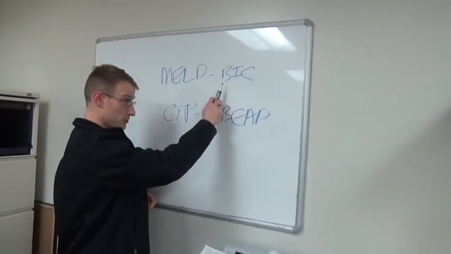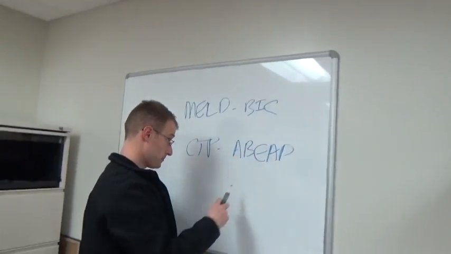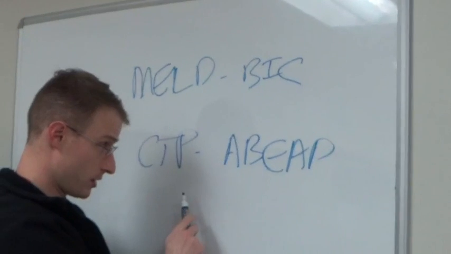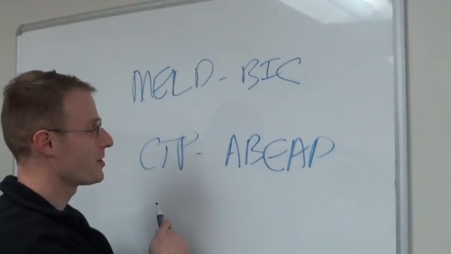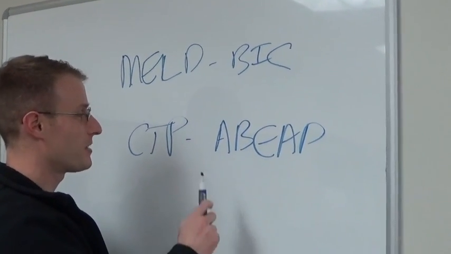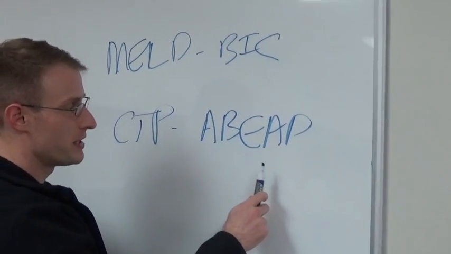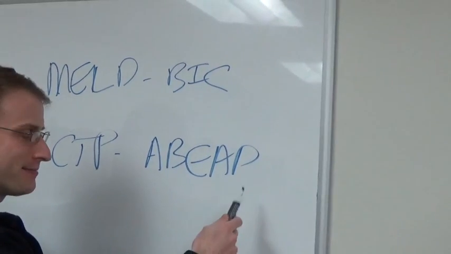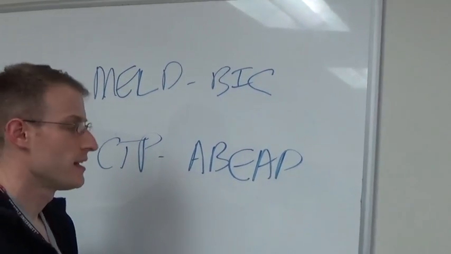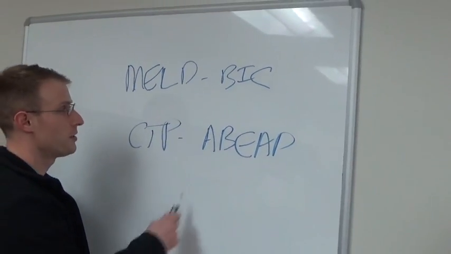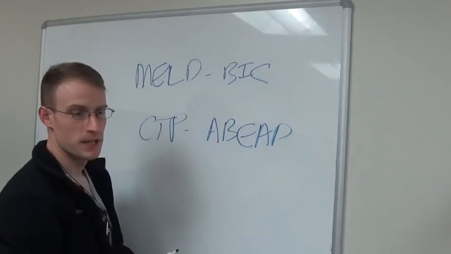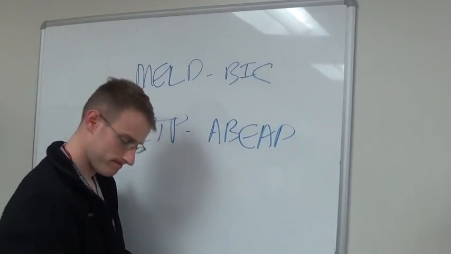So MELD: bilirubin, INR, and creatinine, whereas Child-Turcotte-Pugh is ascites, bilirubin, encephalopathy, albumin, and PT, which is equivalent to INR. And remember that MELD is more accurate because it only includes objective measures.